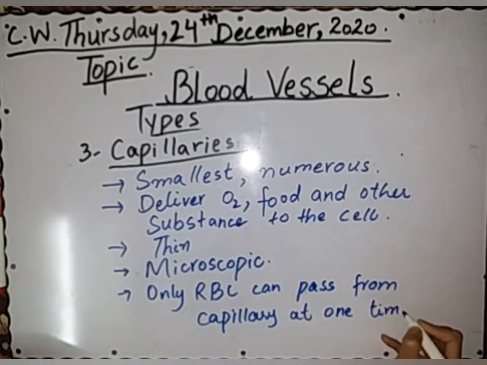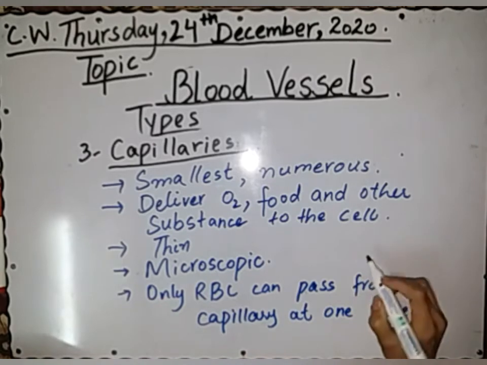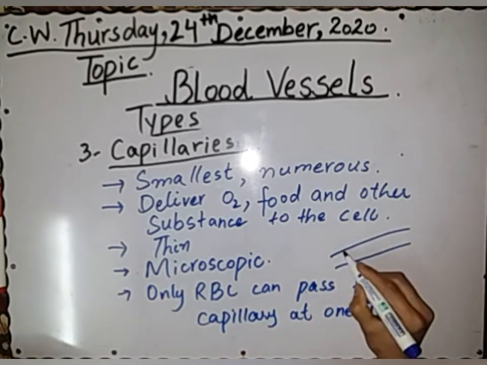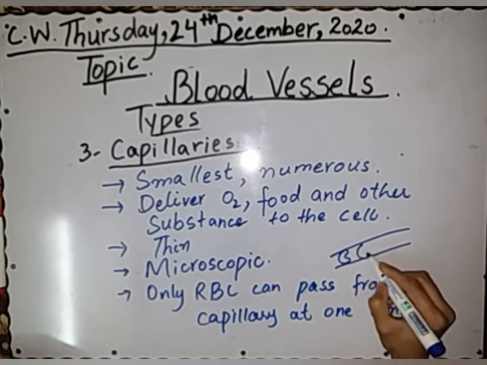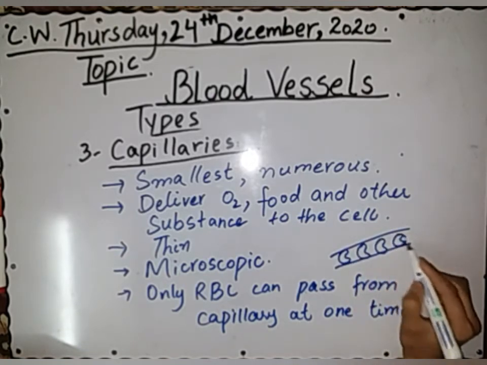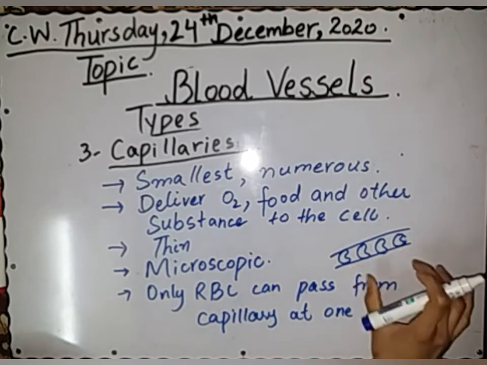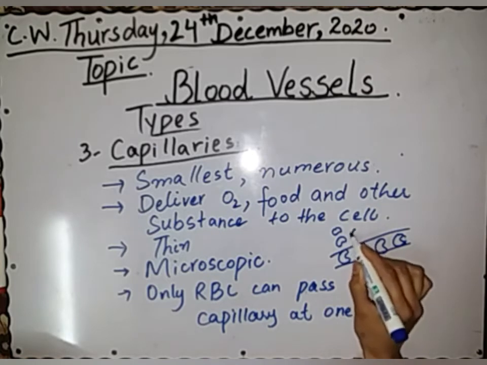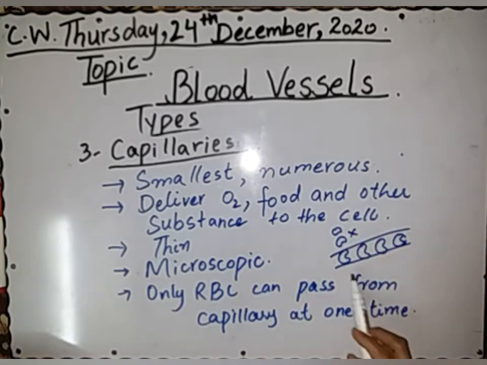Students, if we draw a rough structure of a capillary, only a single RBC can pass through it. They are so microscopic and small that 2 or 3 RBCs cannot pass together. Only one RBC can pass through a capillary at a single time. This is all about the capillaries.